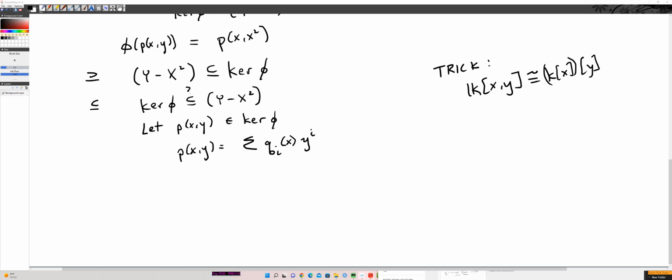So I can think of polynomials in two variables x and y as looking kind of like this, with some y to the i's up here and then some q sub i of x. These are just polynomials in the ring of one variable x. Further, since I've assumed that P is in the kernel of phi, then phi of P of x, y, which is just this, where I take the y's and replace them with x squareds, this sum is going to be equal to 0.